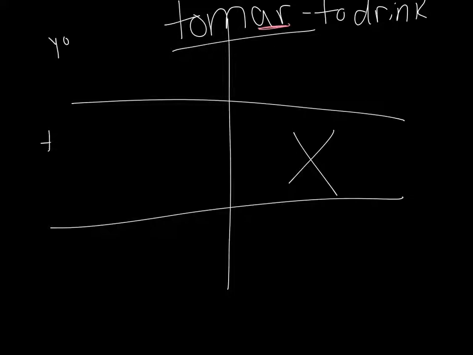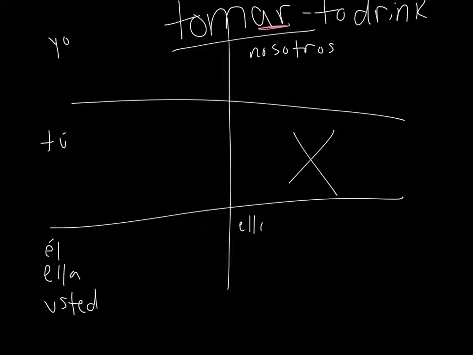In the second box is where we would have tú. In the third box is where we would have él, ella, or usted. In the top right box is where we would have nosotros. And in the bottom box is where we would have ellos, ellas, and ustedes.